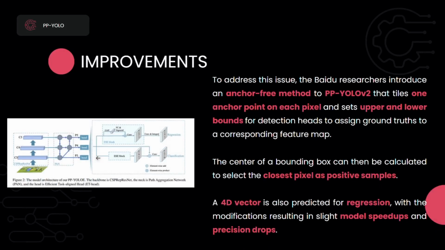Now, let's talk about some of the improvements that they implemented on the PP-YOLOv2 model in order to create the newly evolved PP-YOLO model. To address this issue, the Baidu researchers introduced an anchor-free method to PP-YOLOv2 that tiles one anchor point on each pixel and sets upper and lower bounds for detection heads to assign ground truths to a corresponding feature map.